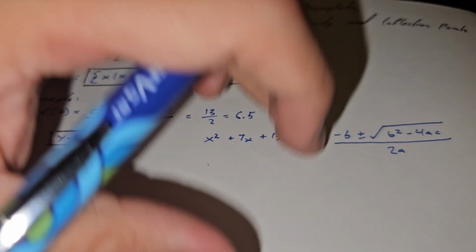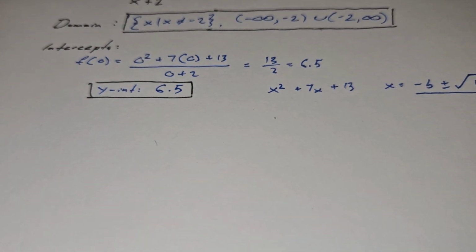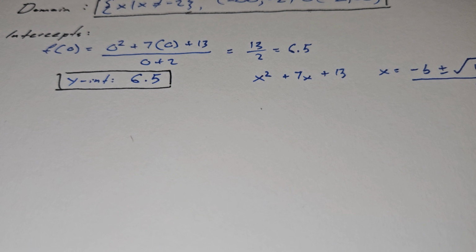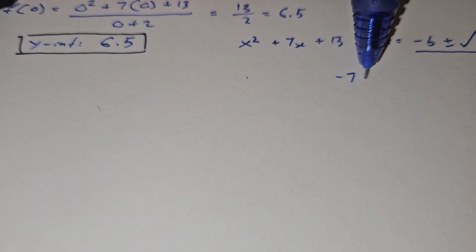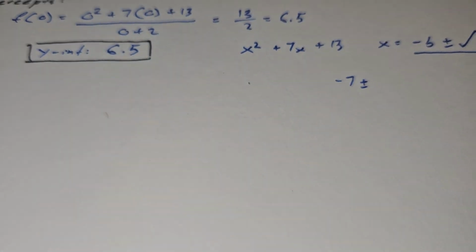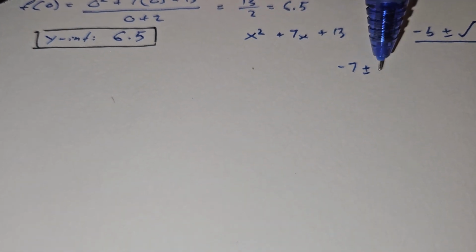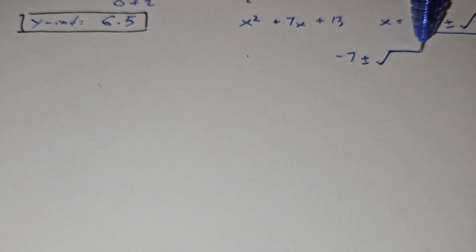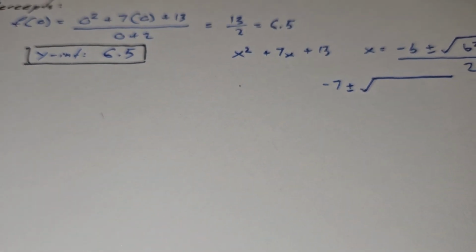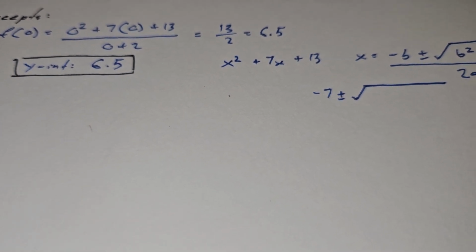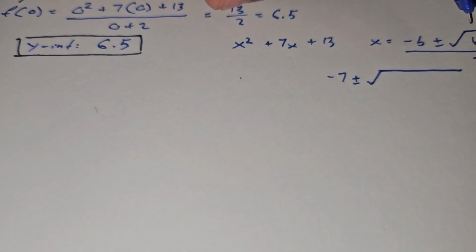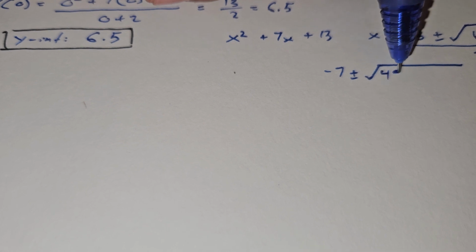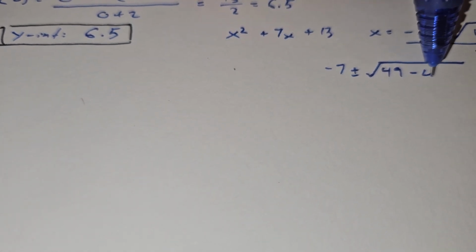Let's keep it down here. All right, so let's go ahead and plug in our values. So -b is going to be -7 plus or minus the square root of 7 squared, which is 49, minus 4 times a.